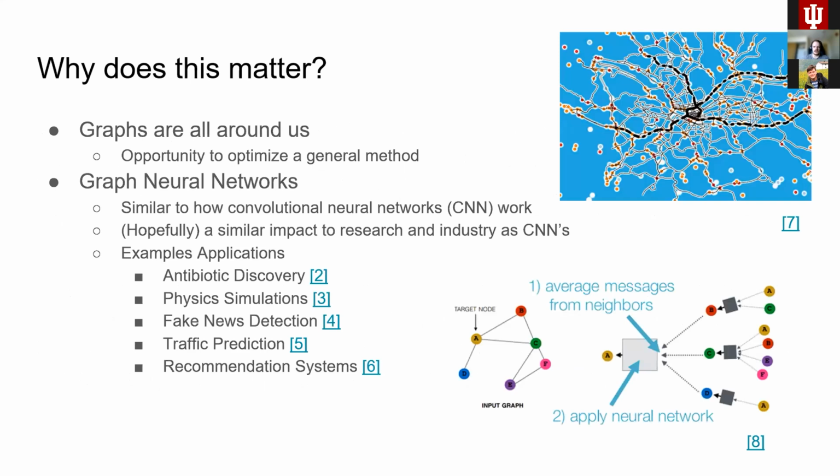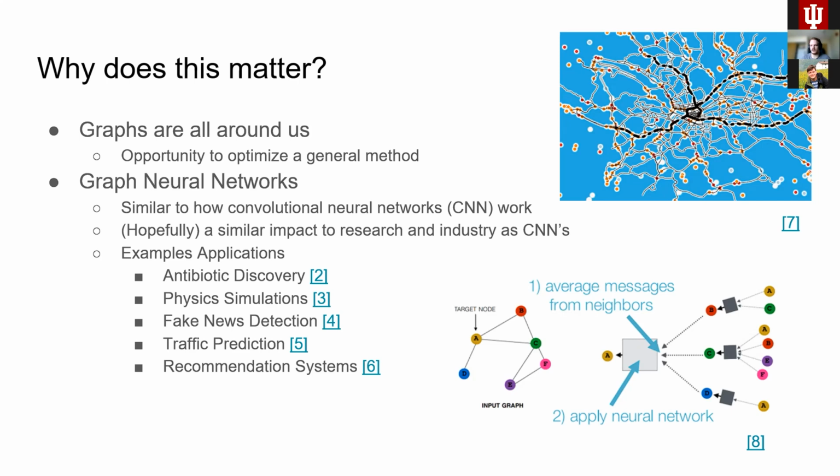So why does this matter? Graphs are all around us, so almost every kind of information, or very many kinds of information, can be represented in one way or another using a network or a graph. And because of that, this gives us the opportunity to optimize a general method in that it can be applied in multiple places.